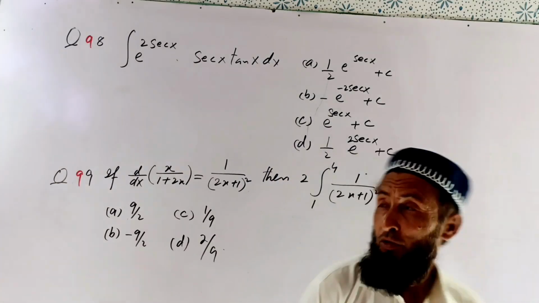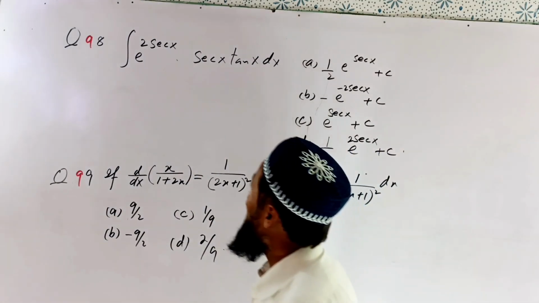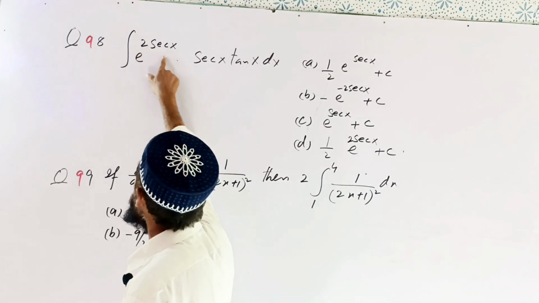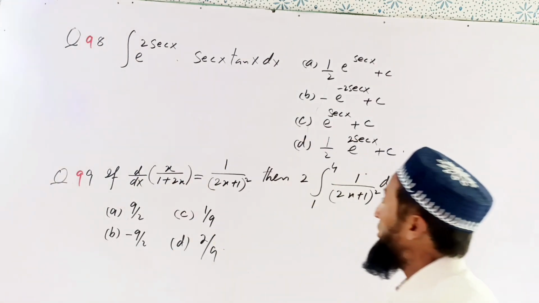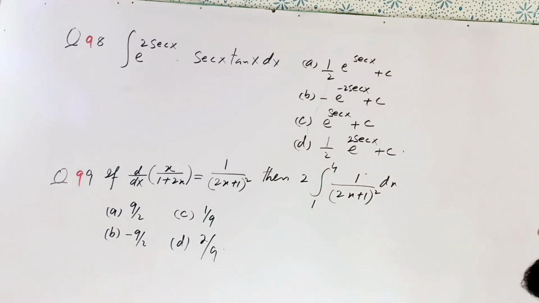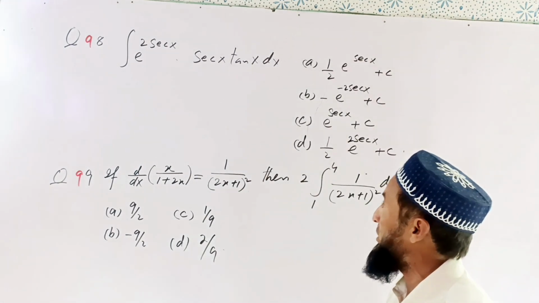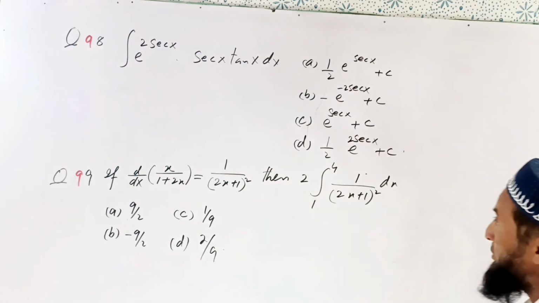Dear students, question number 98. Integration of e^(2 secant x) into secant x tangent x. As we know, the derivative of secant x is secant x tangent x. So here we take the substitution.